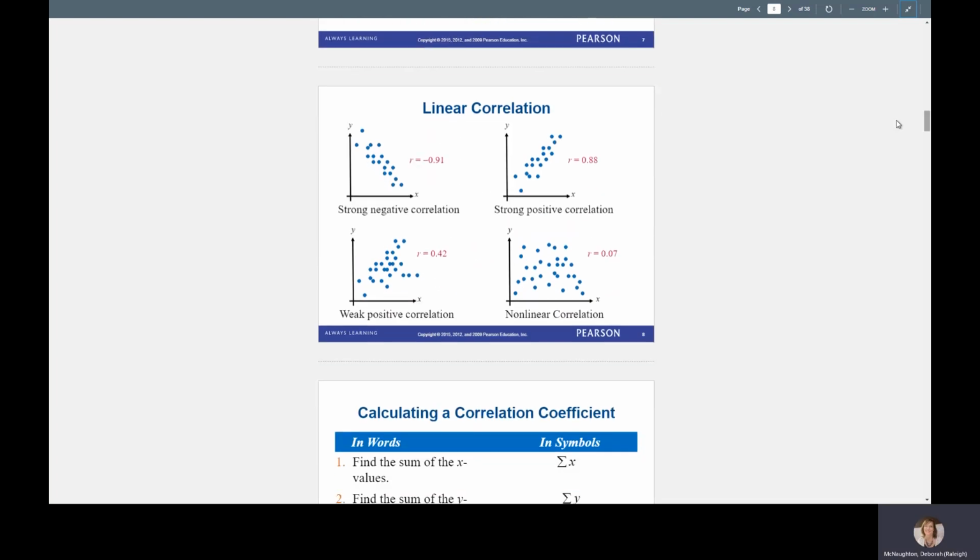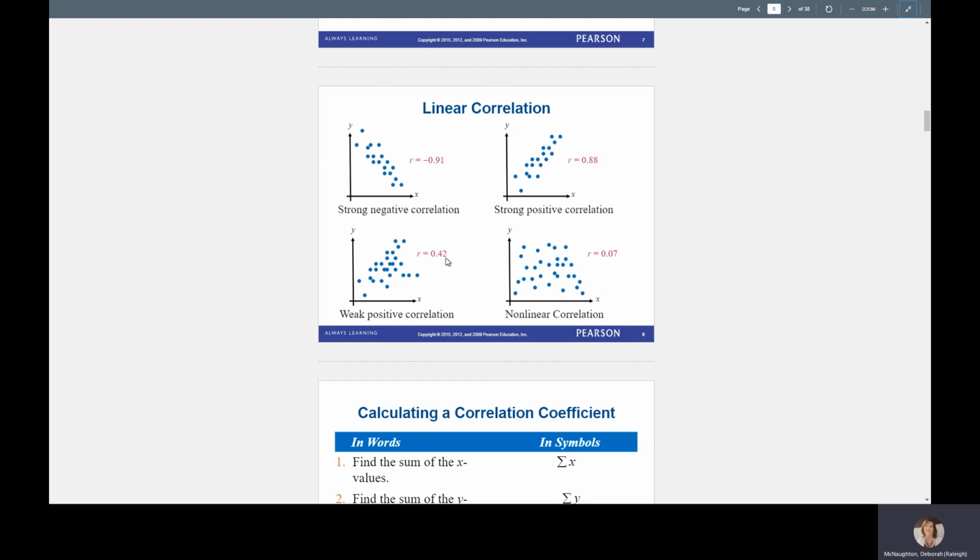So here it's showing us what it looks like in real life. Here R equals -0.91. We can see a line here, and this is strong negative correlation. Here, R equals 0.88. We can see that this looks linear, and so this has strong positive correlation. Here, R is 0.42.